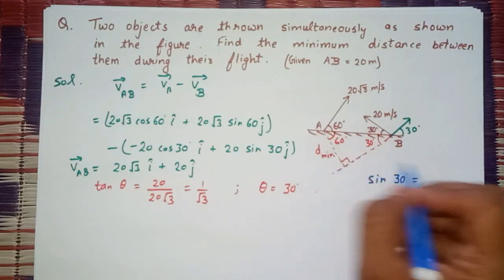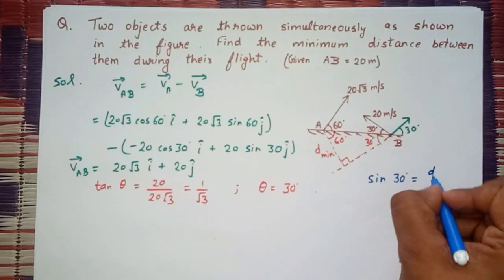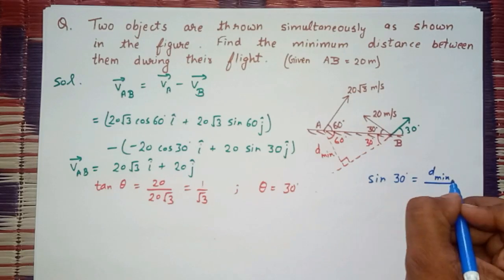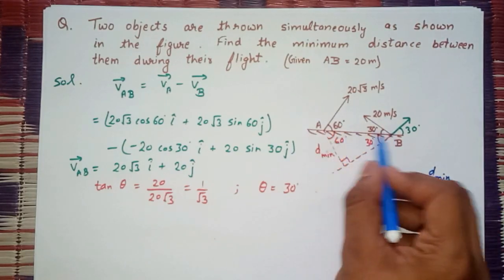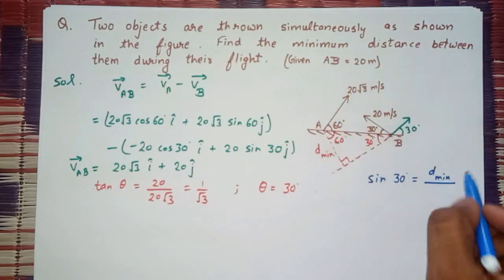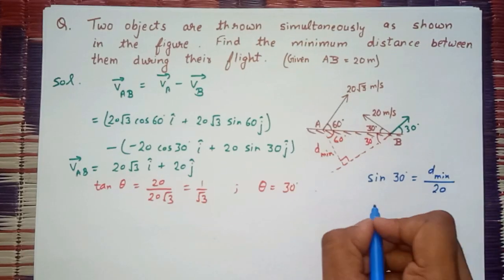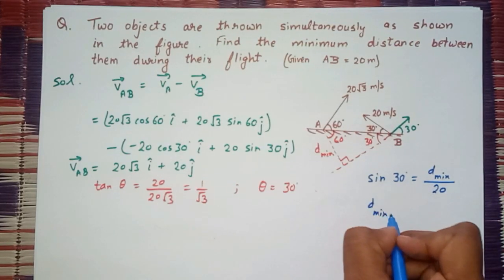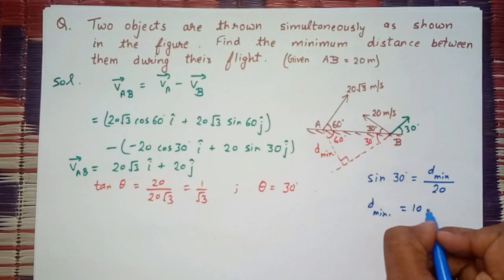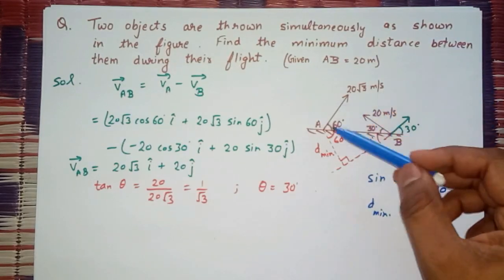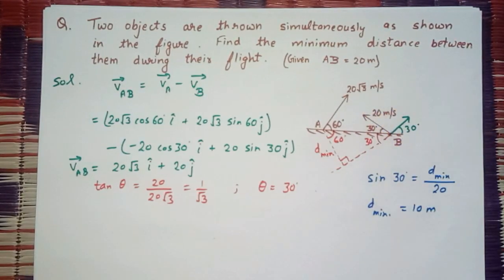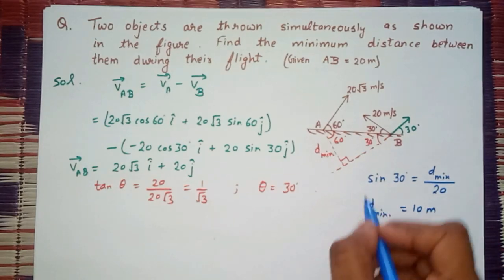It will be perpendicular D minimum upon hypotenuse. Hypotenuse is AB, its value is 20. So D minimum will be 10 meter. Hence, when both objects are in flight, the minimum distance between them will be 10 meter.